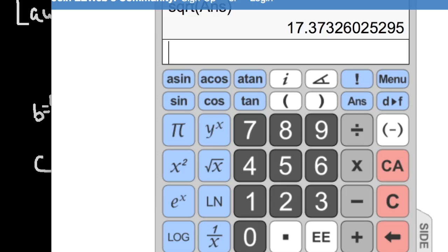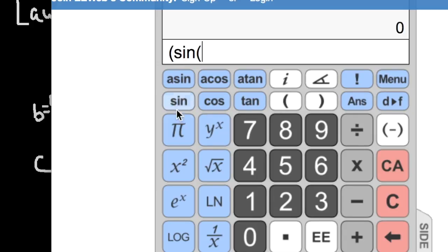We will plug this into our calculator. It's always better to keep it all together. So we start with parentheses, sine of 36, close parentheses, times 10, and then close that off, divided by sine of 32 on the bottom, which will give you a.